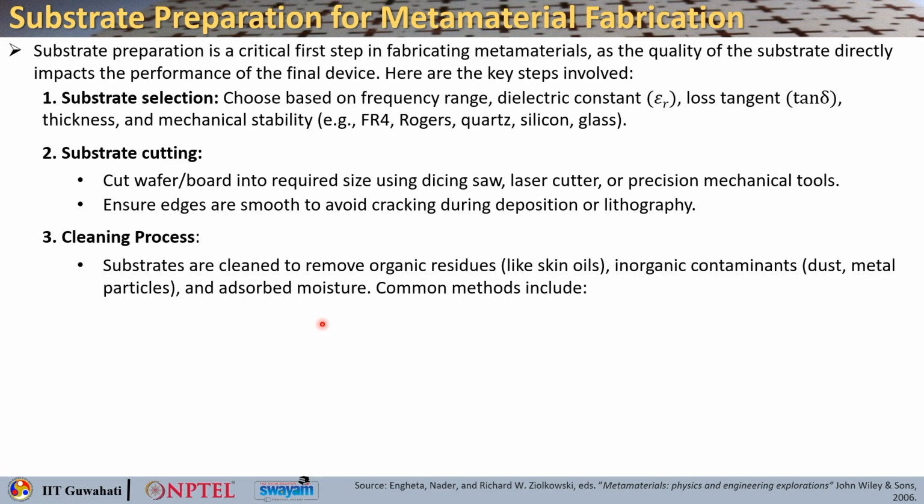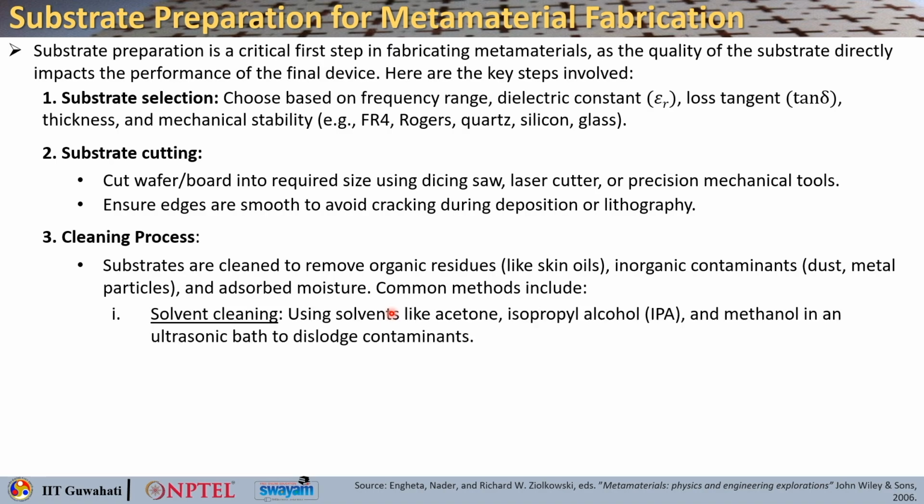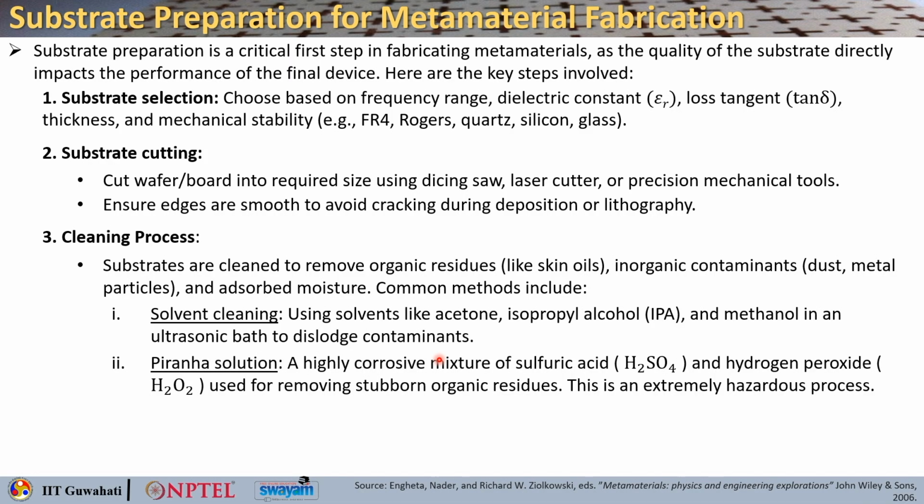Substrates are cleaned to remove organic residues such as skin oils, inorganic contaminants such as dust, metal particles and absorbed moisture. The common methods include solvent cleaning. You can use solvents like acetone, isopropyl alcohol and methanol in an ultrasonic bath to dislodge the contaminants.